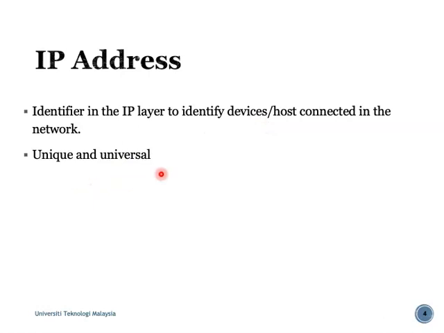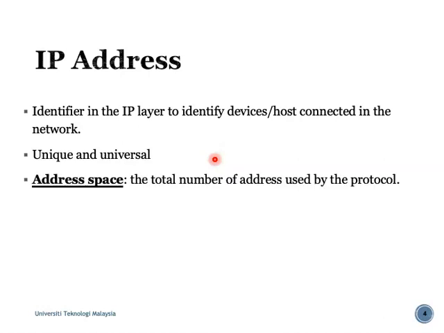They are unique in the sense that each address defines one and only one connection to the internet. So there will be no two devices on the internet that can have the same address at the same time. The keyword here is: they cannot have the same address at the same time. However, if a device has two connections to the internet via two networks, it will have two IPv4 addresses.